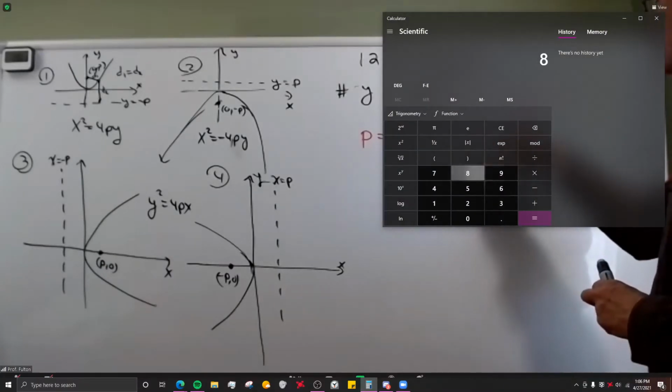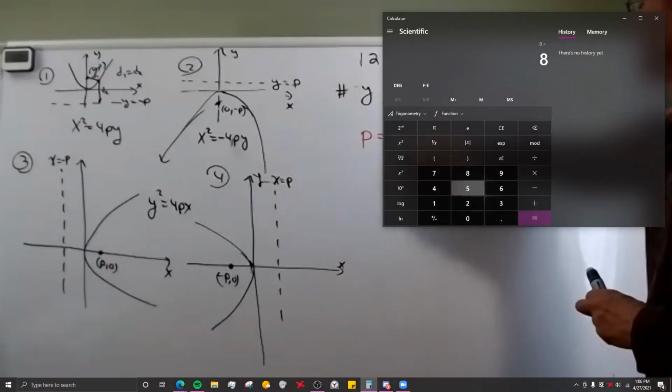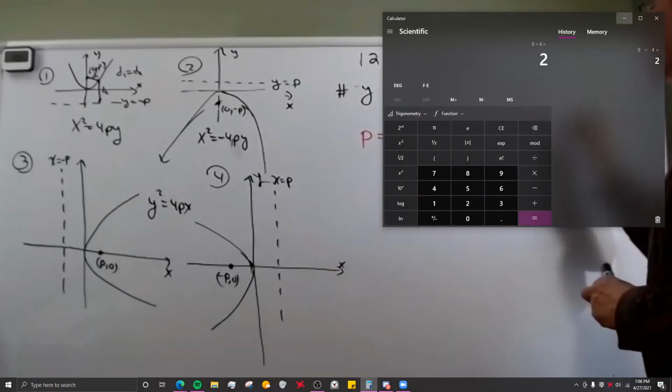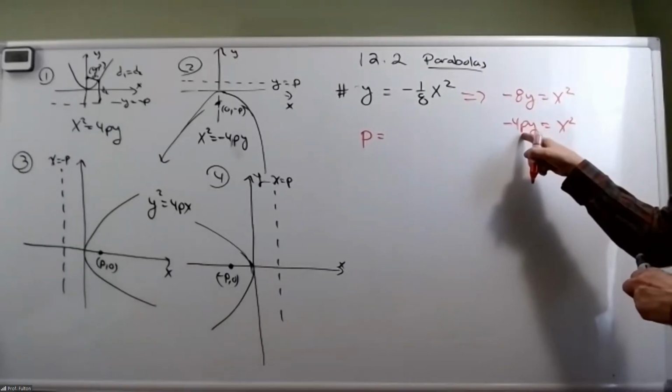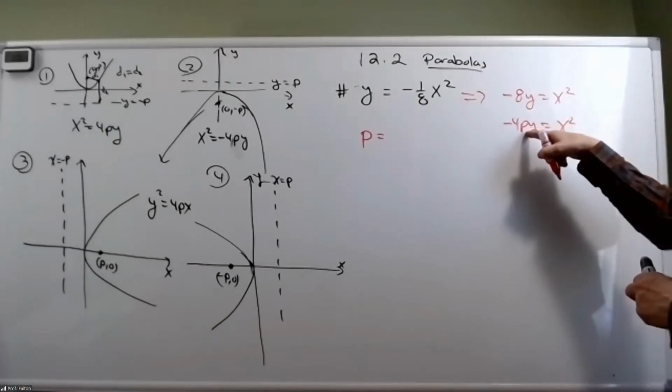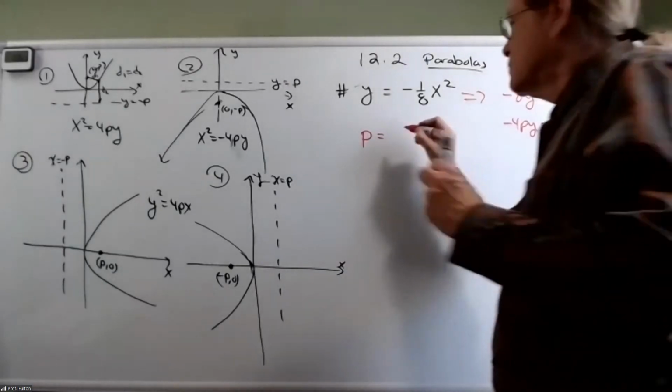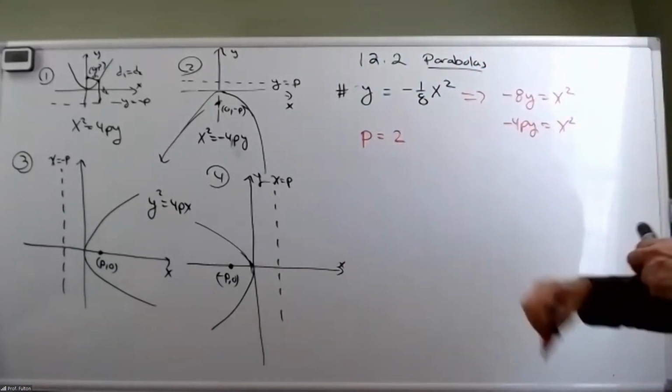What's equal to, excuse me, 2. I thought I was doing it opposite in my head. So for these to be the same, P has to simply be 2. So it's a half, but I kind of flipped around in my head.